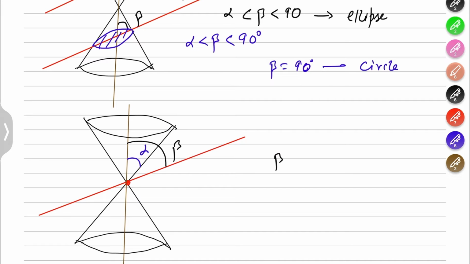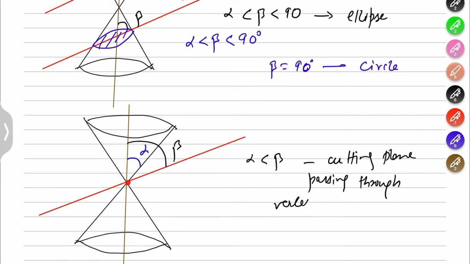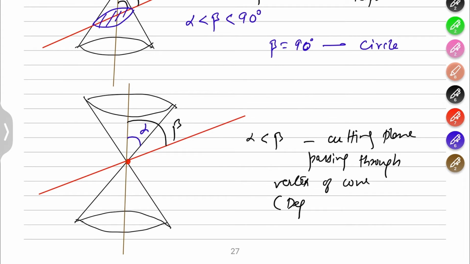So obviously beta is greater than alpha, but since the cutting plane is passing through the vertex of a cone, that is a degenerate case, a degenerate conic section. In this case we get a point.